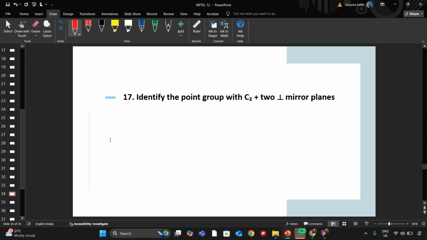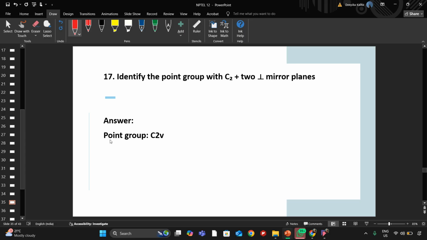In the next question, identify the point group with C2 and two perpendicular mirror planes. So let us understand this point group by an example.